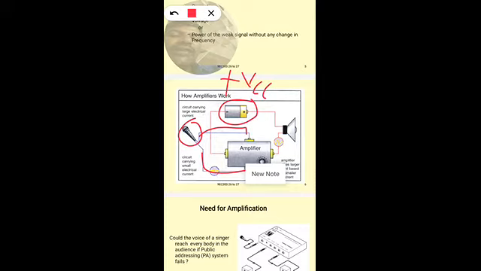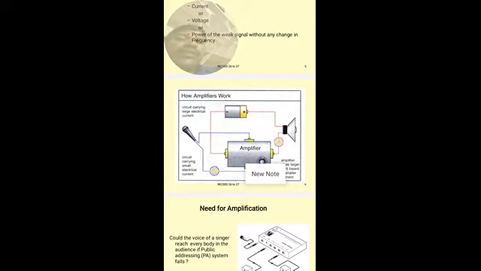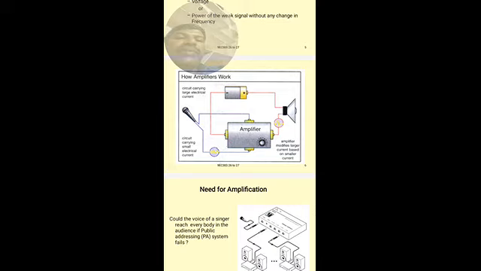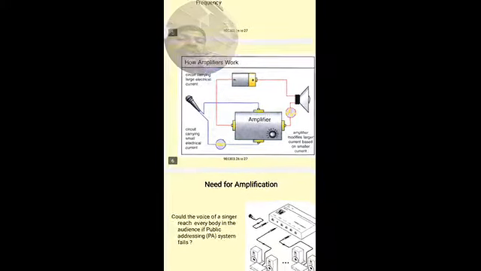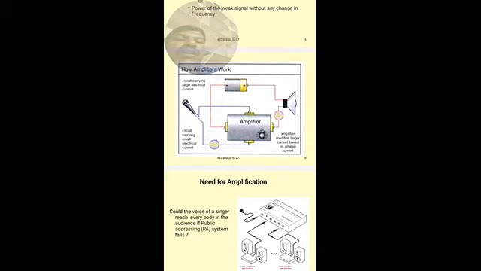This is the negative, that is the ground, and the positive terminal of the input signal is connected to the amplifier. Amplifier will work with the help of this DC voltage. The amplified signal is given to the loudspeaker. So this is the block diagram representation of an amplifier, how the amplification takes place.